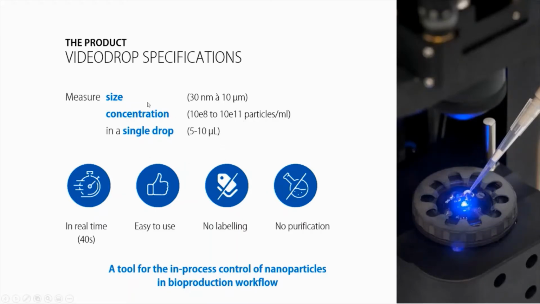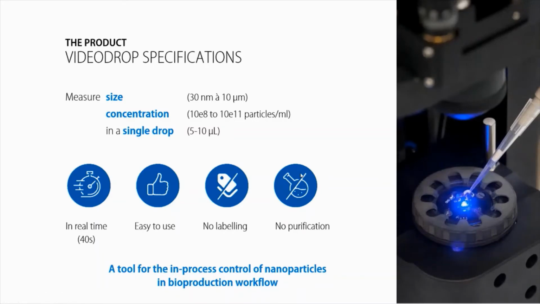We only use a single drop of 5 to 10 microliters. Scientists need to save time. We measure the nanoparticles concentration and size in 40 seconds, almost in real time, and it's easy to use. And scientists need to work on raw samples with no purification and no preparation.